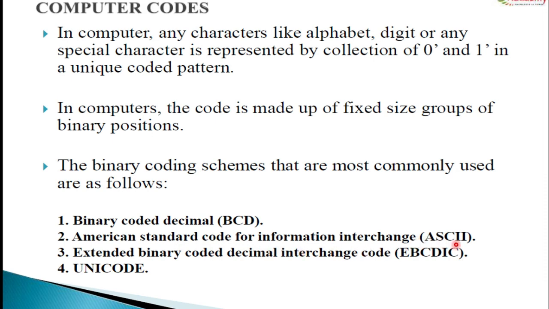You can pronounce it ASCII or ASCII, no problem. American Standard Code for Information Interchange is important for us. Then Extended Binary Coded Decimal Interchange Code and Unicode. We are going to discuss Unicode and ASCII.